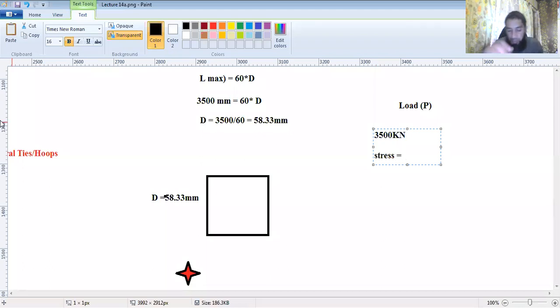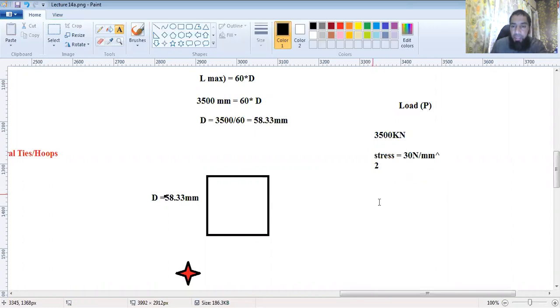What would be the maximum stress for which you are designing? If you are only taking the concrete, not the steel at the moment, for example, if you are designing in M30, then the stress would be 30 Newton per mm square.